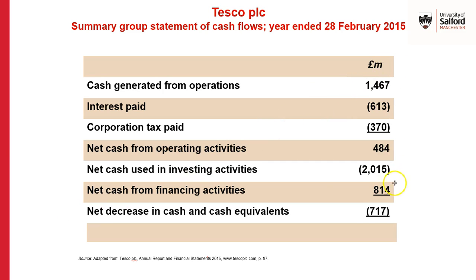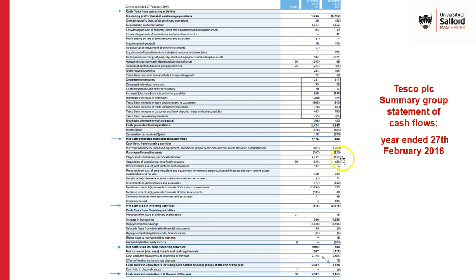Here's a summary. They're not the same figures. It's not the same year, I don't think. 2015, I think it was 2016. But it's the same idea. Cash generated from operations. It is on the previous slide. 2015 is the previous year here.